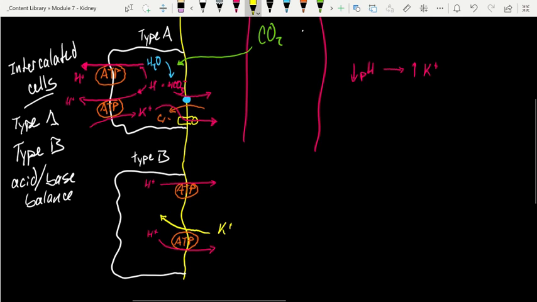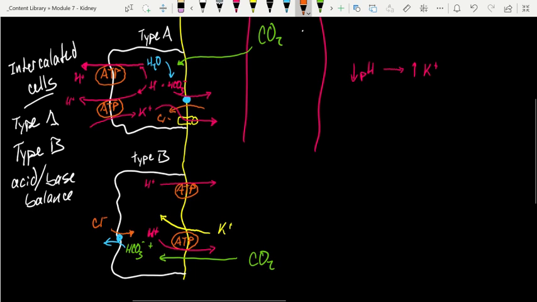It's the same type of process where we go back to CO2, which is freely diffusing into the cell. We know that that is going to separate into HCO3- plus H+. The same kind of scenario exists where I can take that bicarb and run it in an exchanger for chloride.